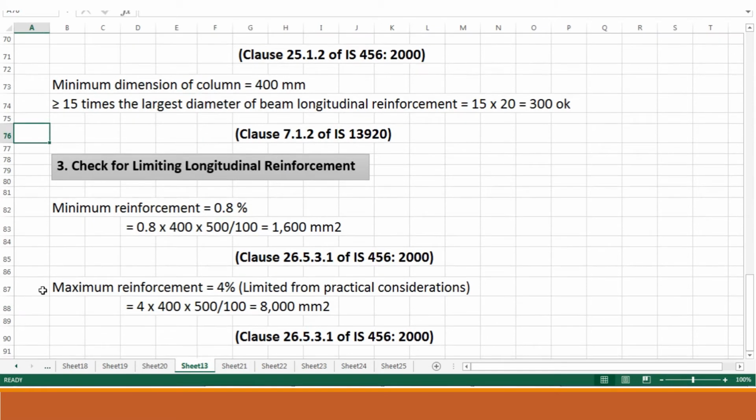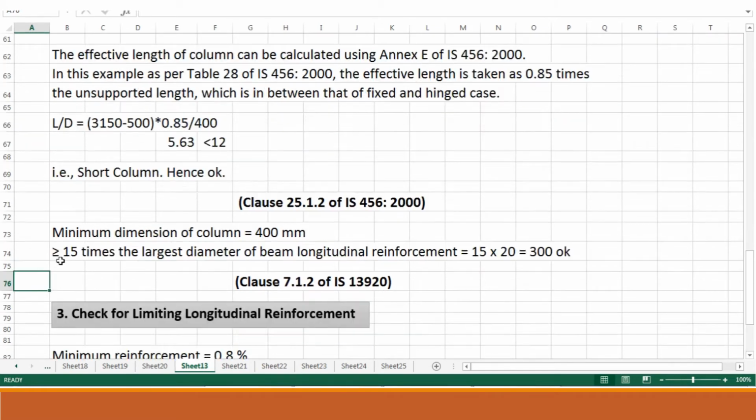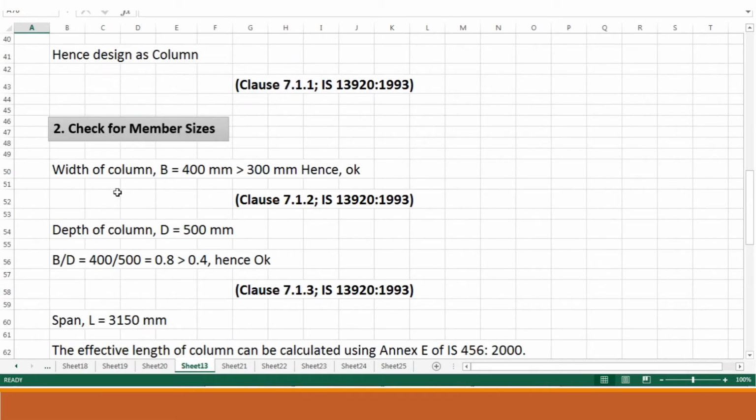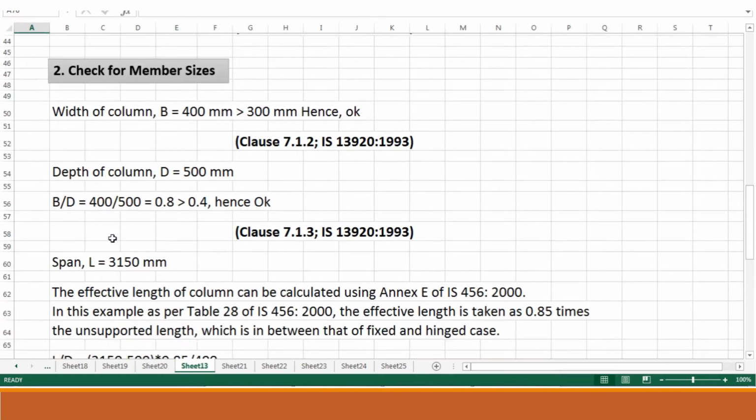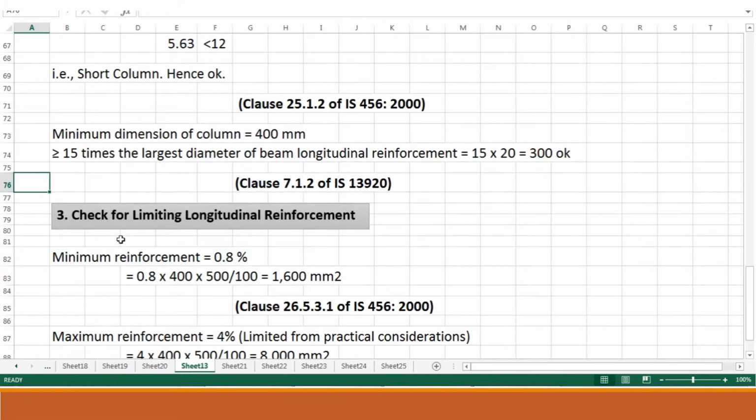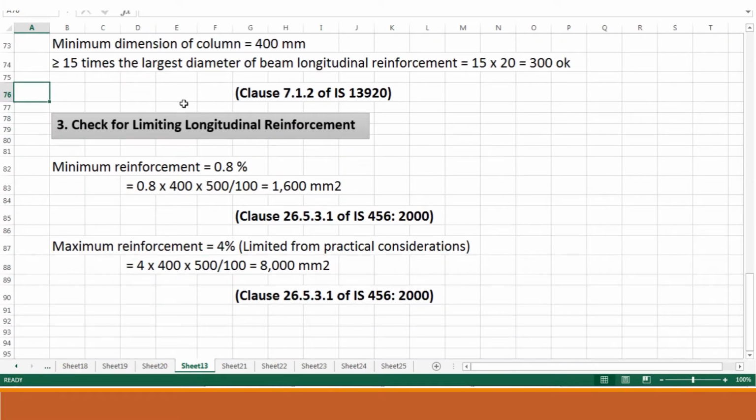Now this check was related to the member sizes, and it's again defined by the ductility requirements and the strength requirements. Now the third check is for the limiting longitudinal reinforcement. The minimum reinforcement that has to be provided as per IS 456 clause 26.5.3.1 is 0.8%.